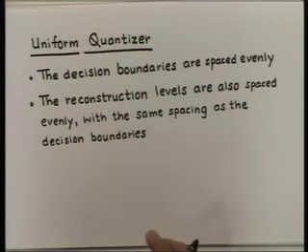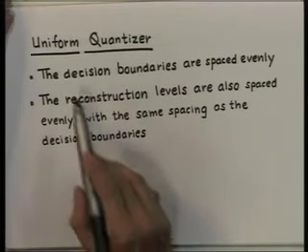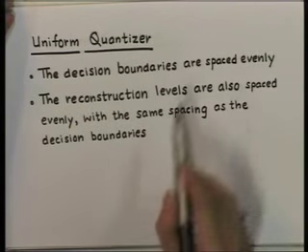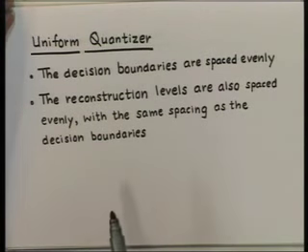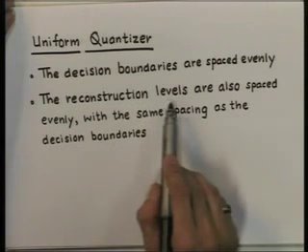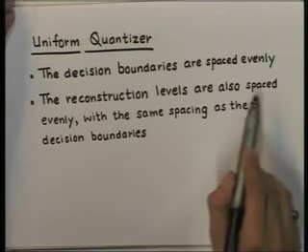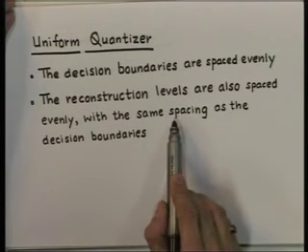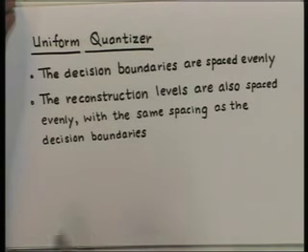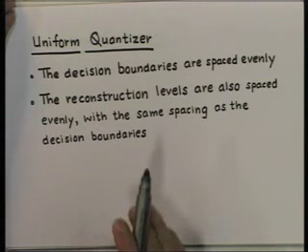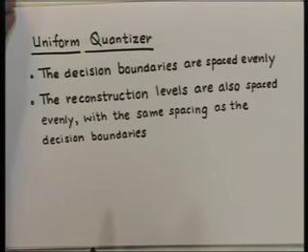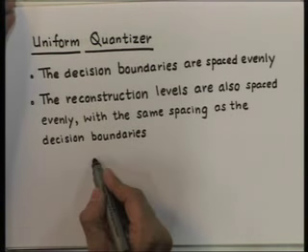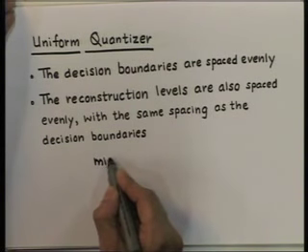So, a uniform quantizer has the following properties. The decision boundaries are spaced evenly, the reconstruction levels are also spaced evenly with the same spacing as the decision boundaries. In the inner intervals, they are the midpoints of the intervals.